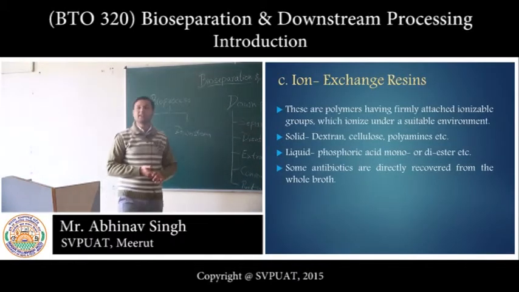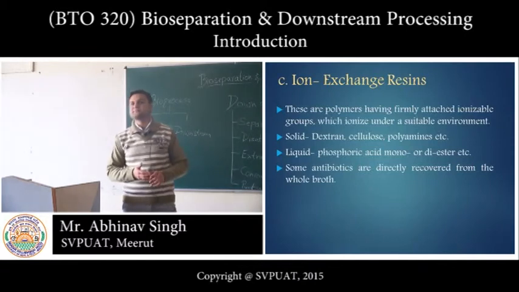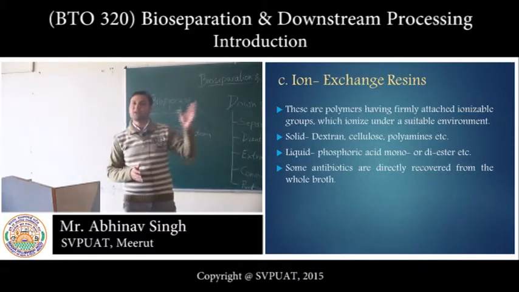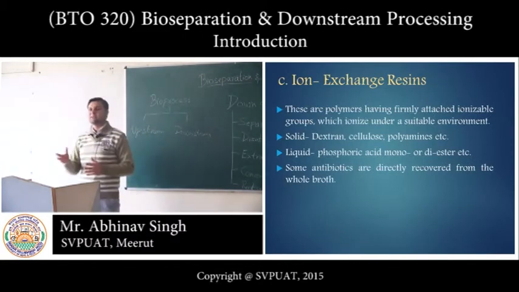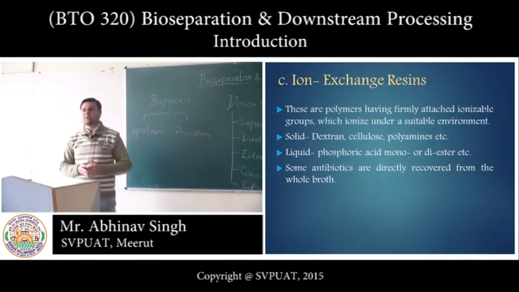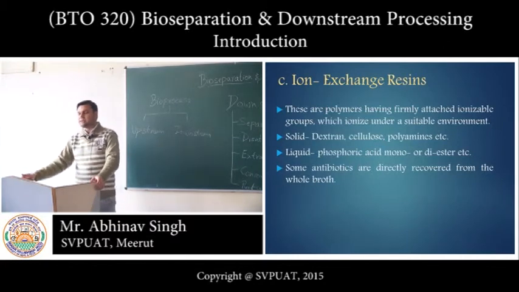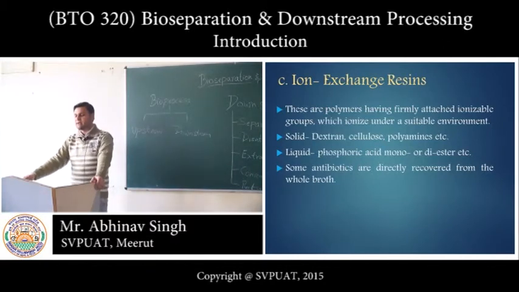What are ion exchange reagents? For understanding it, we need to recall what ions are and how they help us in the concentration of our product. These are basically polymers which are firmly attached to ionizable groups which ionize under a suitable environment.